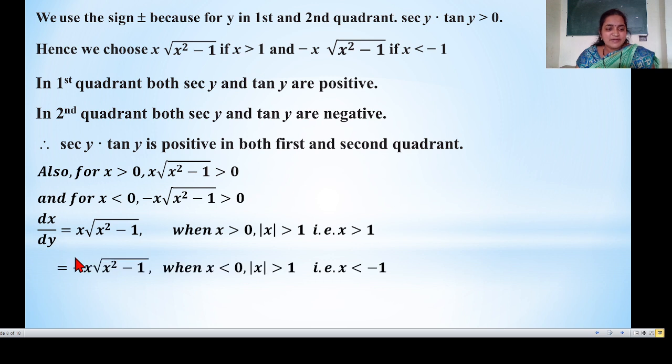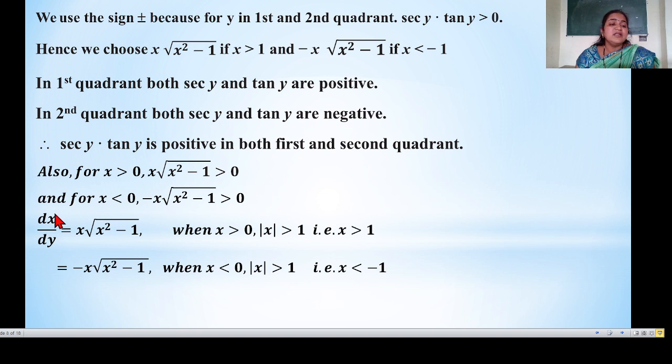And it is equal to minus x square root of x square minus 1 when x is less than 0, mod of x is greater than 1, that is x is less than minus 1, means this condition.